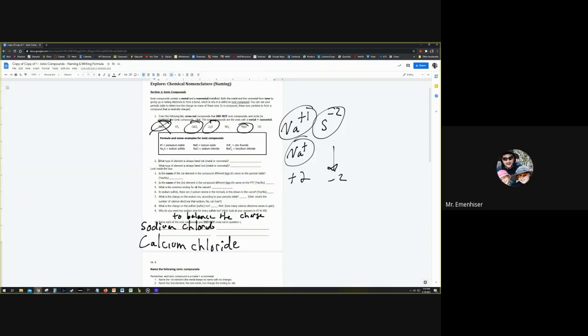And this is going to be bigger than what I can fit on the page. The next one is lithium oxide. That's that one. And then magnesium oxide, which is that one.